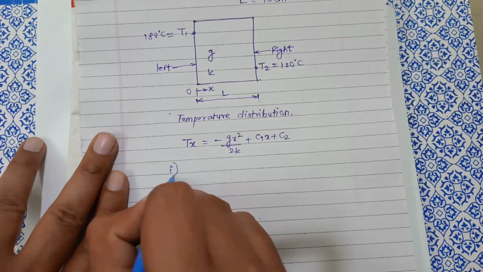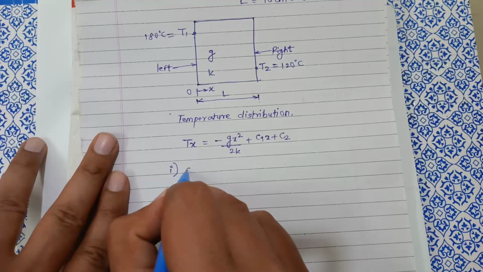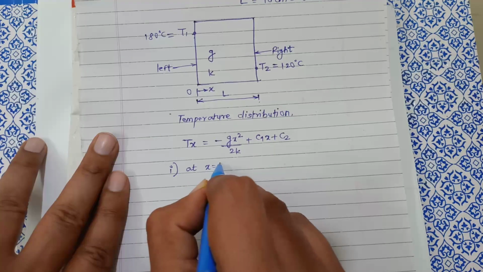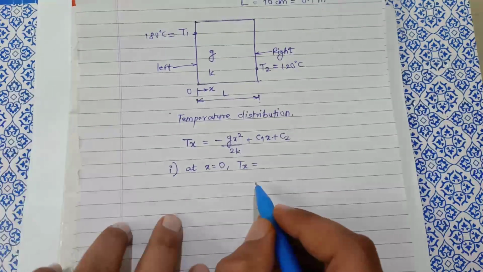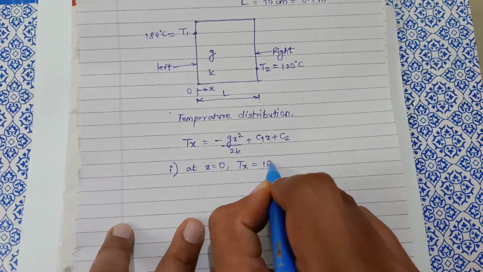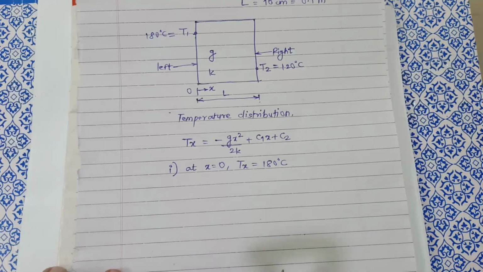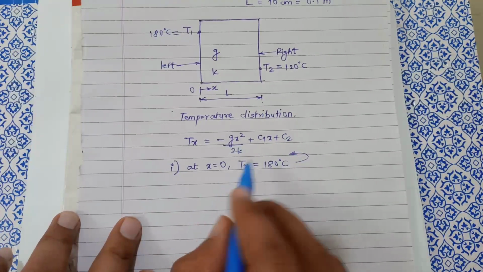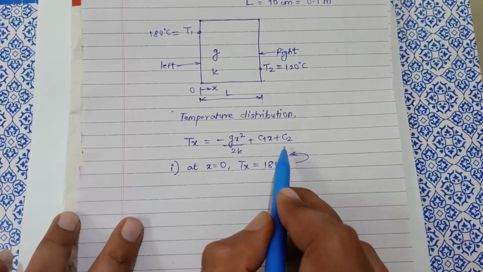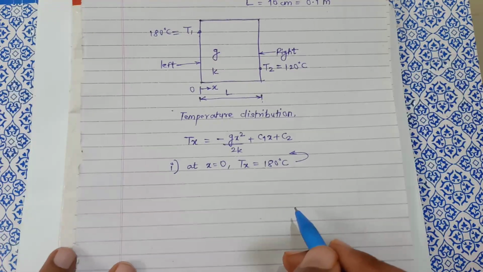We apply the first boundary condition: at x equal to 0, the temperature is 180 degree Celsius. We will substitute this value so that we can get the value of C2. This is one equation, and only one unknown can be determined.